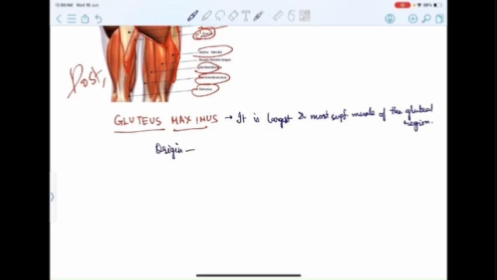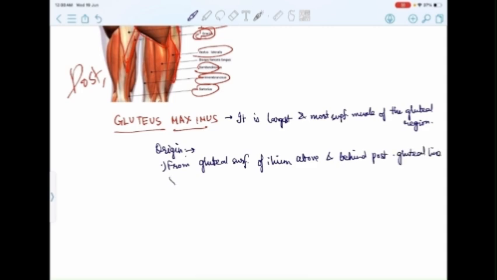Origin, any muscle you must talk about its origin. From gluteal surface of ilium above and behind posterior gluteal line. I hope you remember the posterior gluteal line in the ilium bone. And from outward sloping surface of dorsal segment of iliac crest.